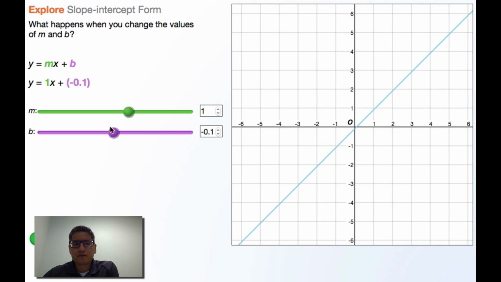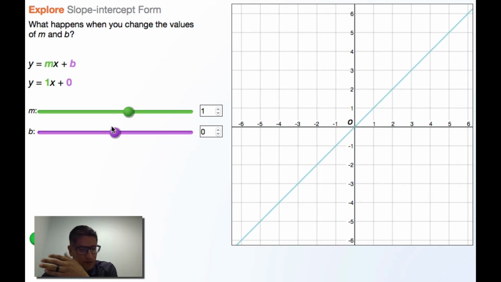Now, something to keep in mind too is that there's another way to look at it. It's all about perspective here, right? And our perspective, our point of reference has been the y-intercept. You can also do a horizontal translation, having the x as your point of reference. At the end of the day, it's actually the same thing.